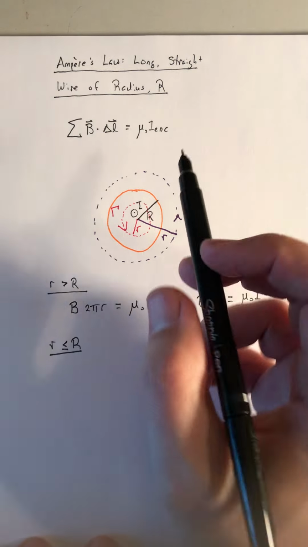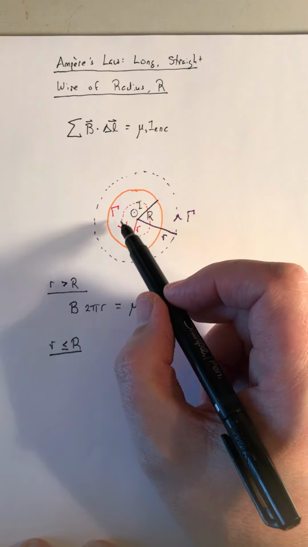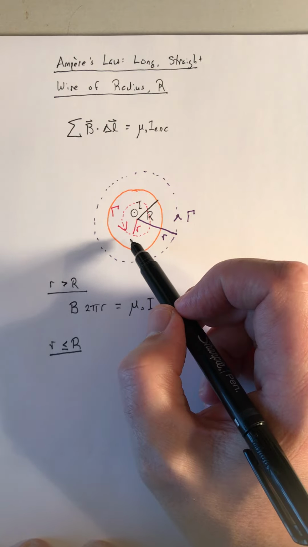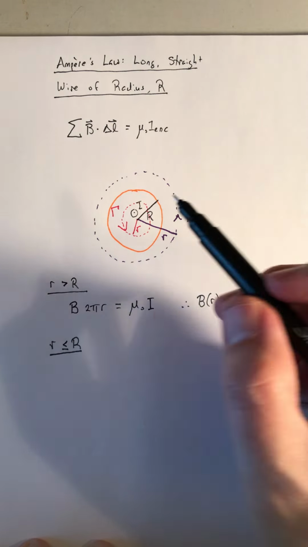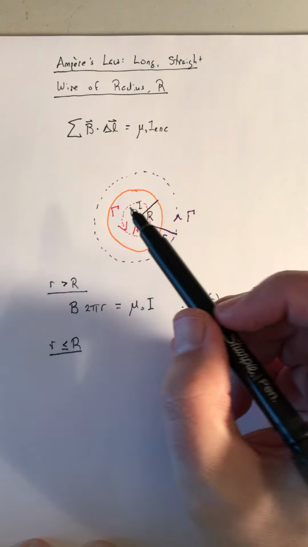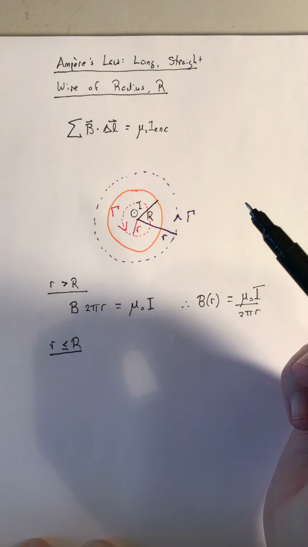Now again, my loop that I'm evaluating Ampere's law along is the same symmetry as the wire. So the magnetic field is going to be constant along the loop, and it can't change its orientation.